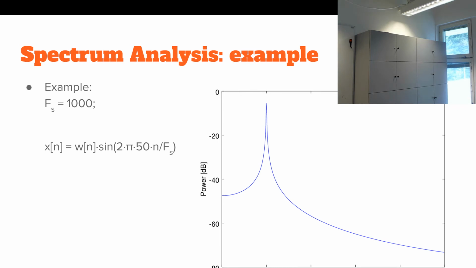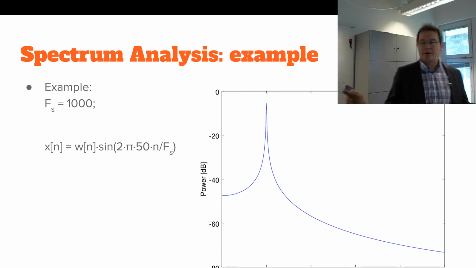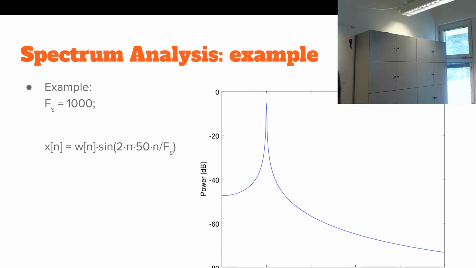Okay. And that goes up to the last point, which is actually the sampling rate over 2. Sampling rate over 2, yes. All right, good. And there you have the amplitude response only defined on those certain points.